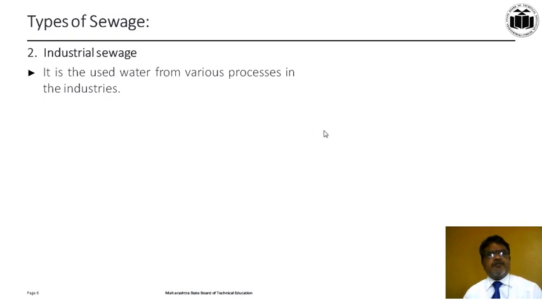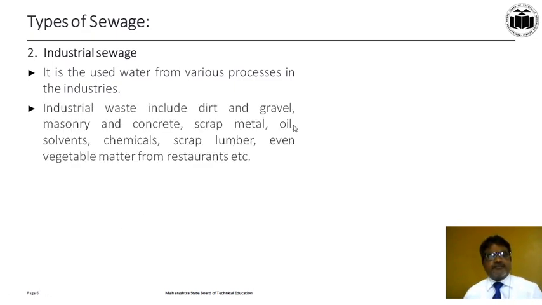Now the second type of sewage is industrial sewage. It is used water from various processes in the industry. Industries have various processes, and whatever water is generated through these processes, that liquid waste is called industrial waste.